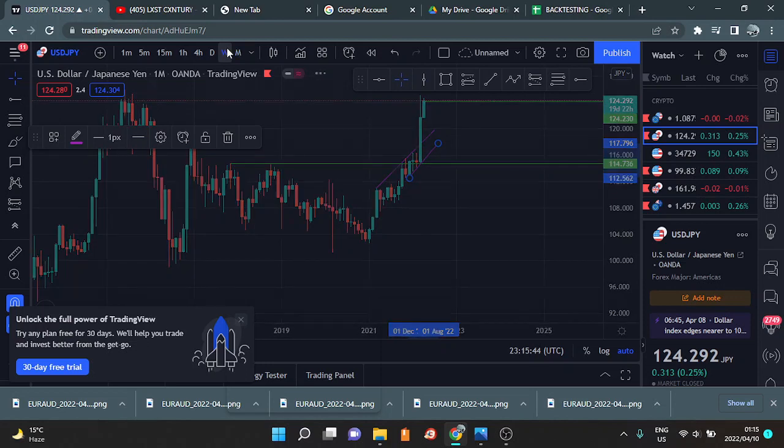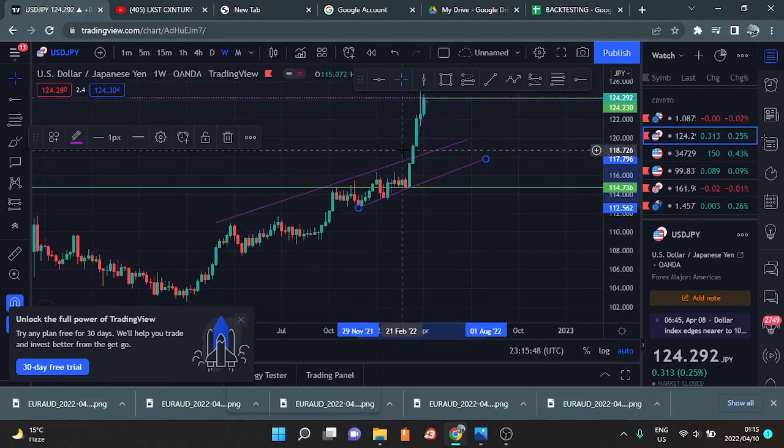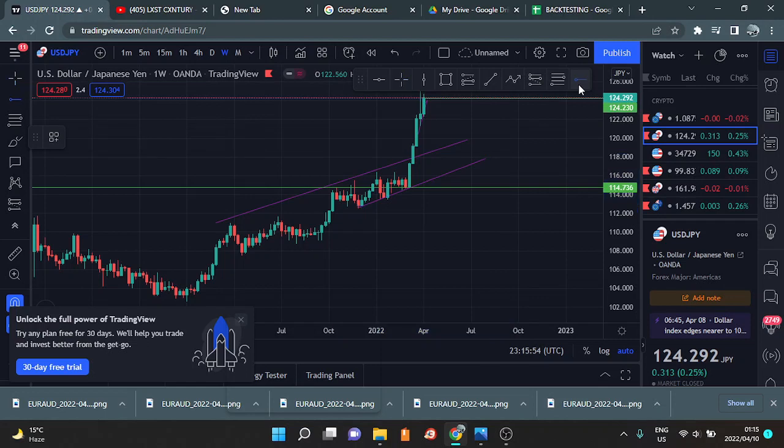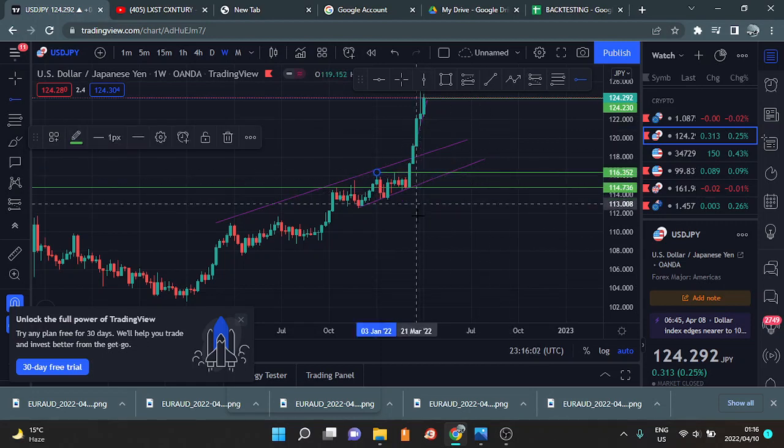Moving on to weekly time frame. On weekly time frame, the market has been pushing to the upside as it broke this key area here, as it was consolidating around this area here, then the market broke to the upside, which indicated more momentum to the upside. Moving on to daily time frame.